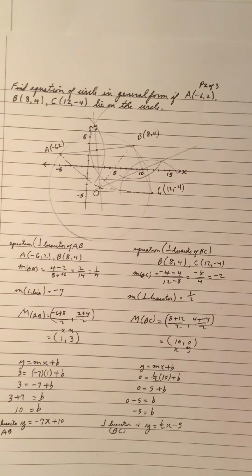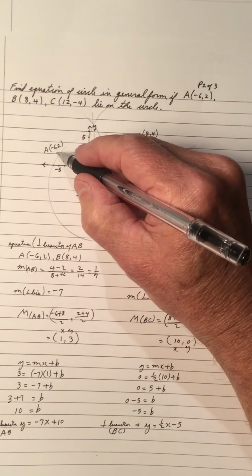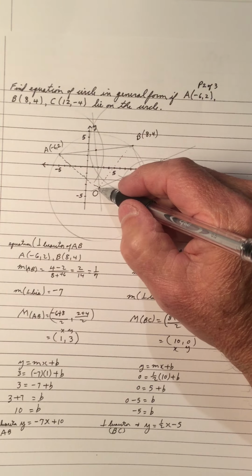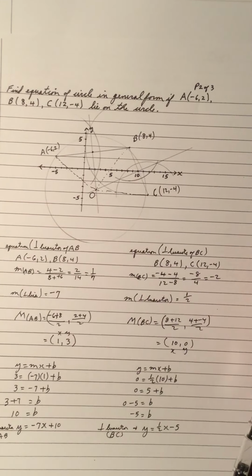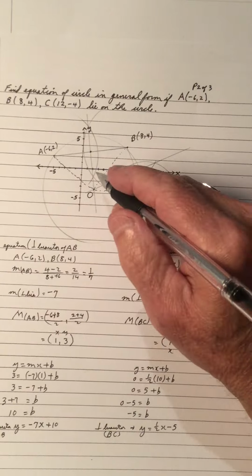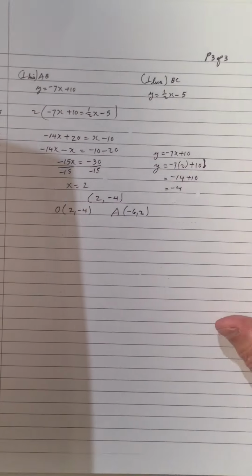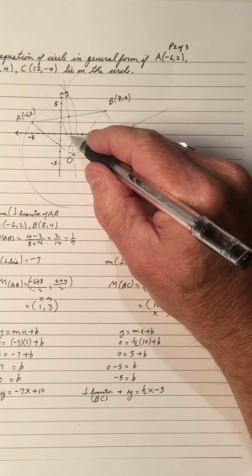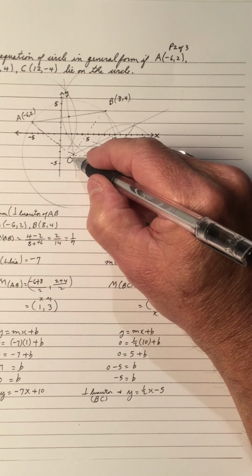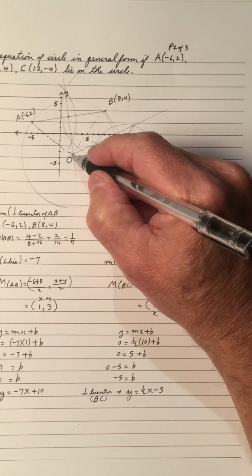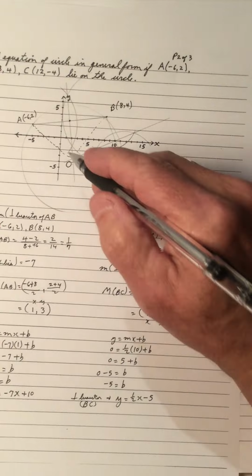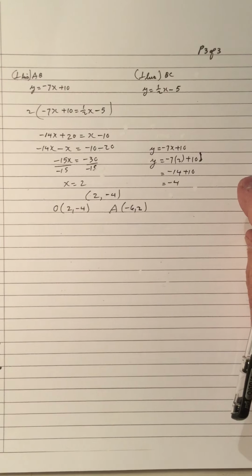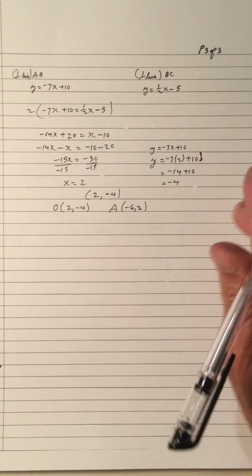If we take A, which is negative 6, 2, and the center, 2, negative 4, then now I'm getting the length of the radius, so I can come up with the equation of the circle.